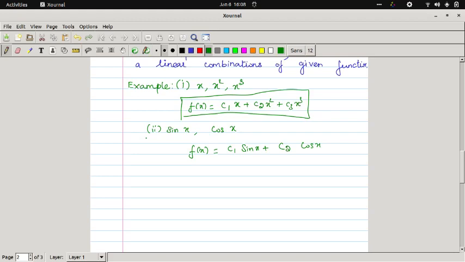This is what it gives. Now we see what the superposition principle is. Some people call it the linearity principle. Superposition principle or linearity principle.